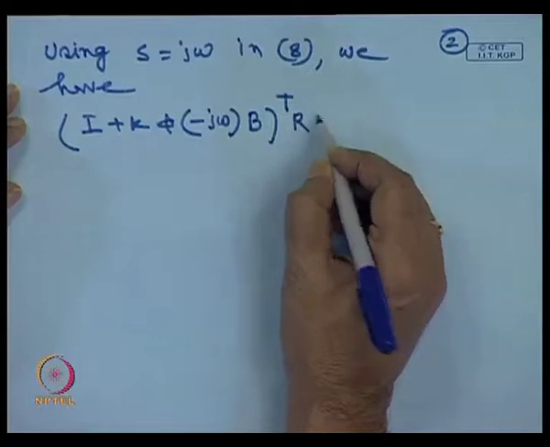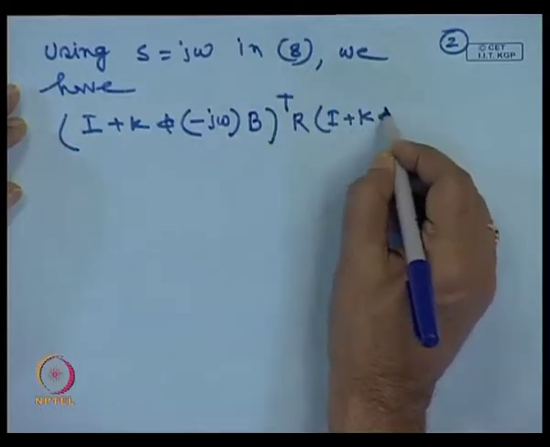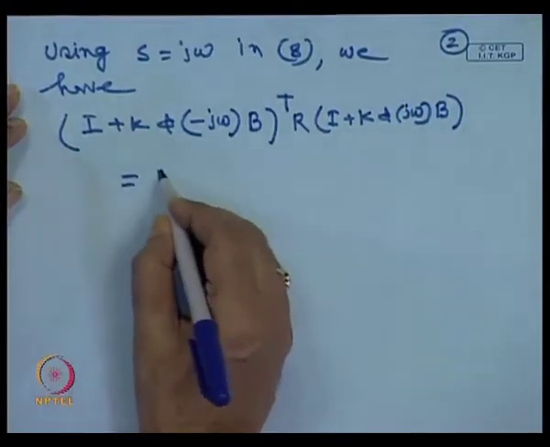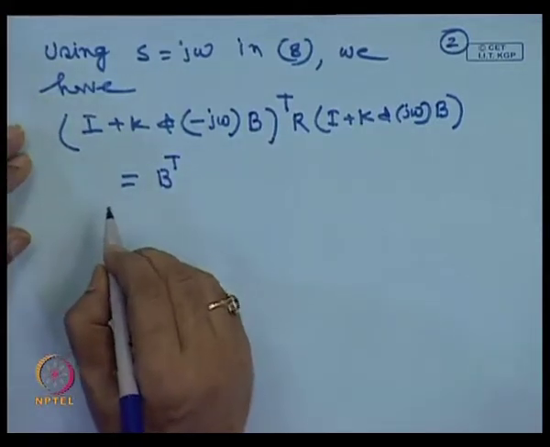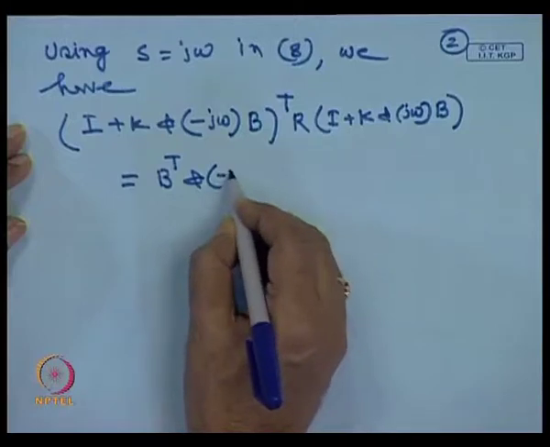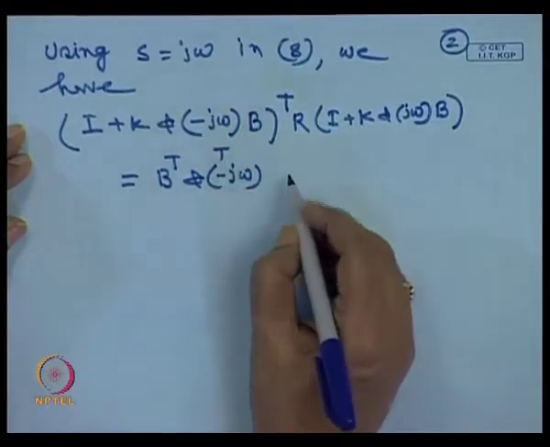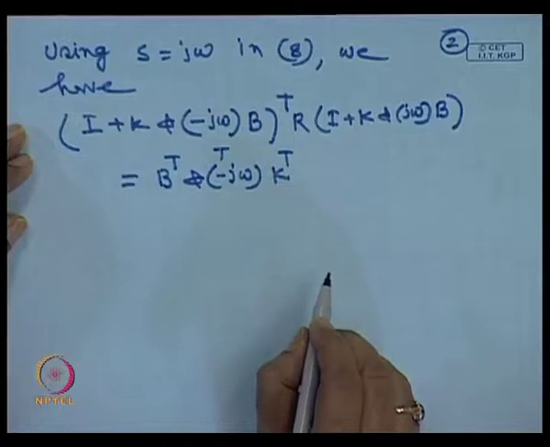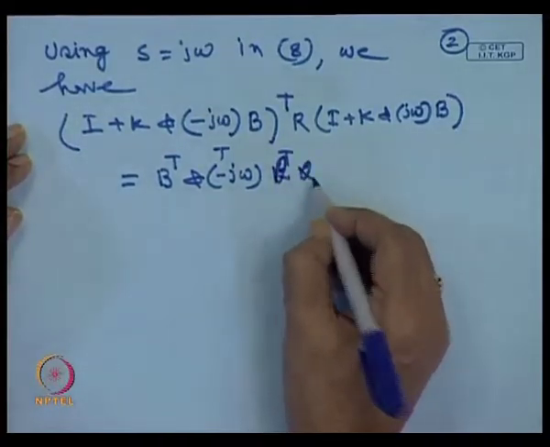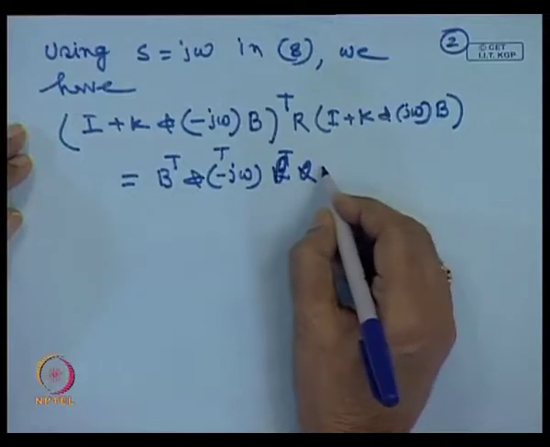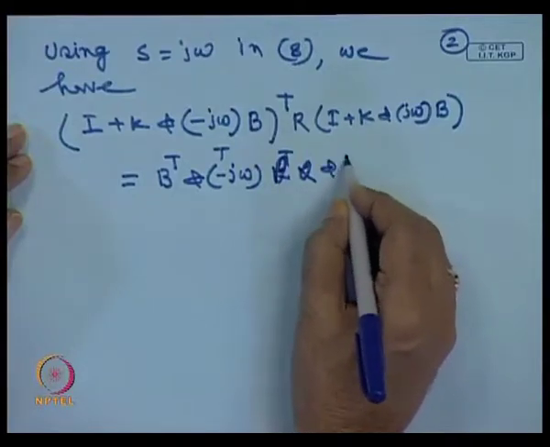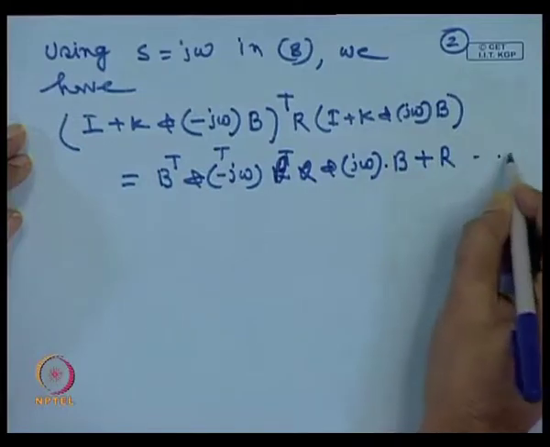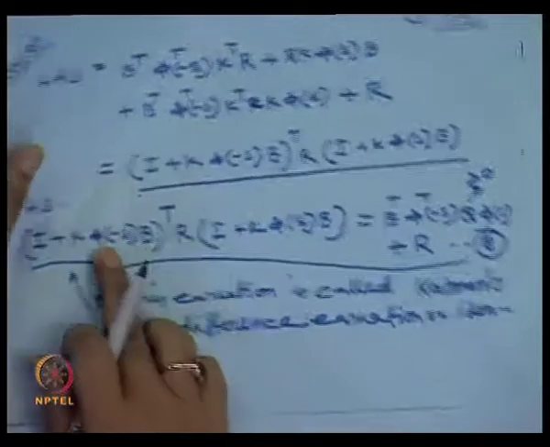This into R plus I plus K phi(j omega) B equals B transpose phi(minus j omega) transpose K transpose, then, not K, it is Q, then you have phi(j omega) into B plus R. So, this is equation number 9, which I have written here.